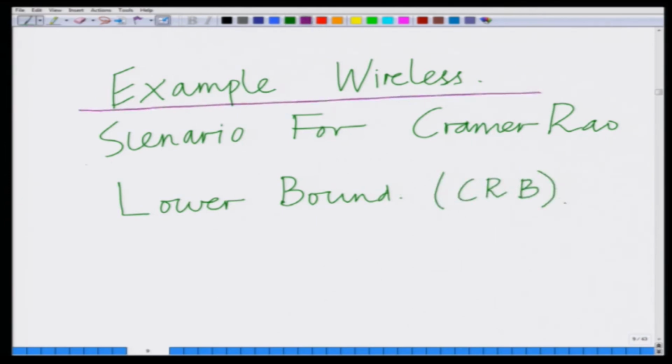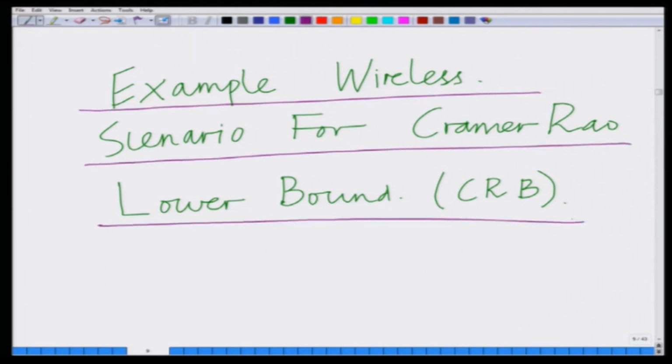So, example wireless scenario to compute the Cramer-Rao bound.